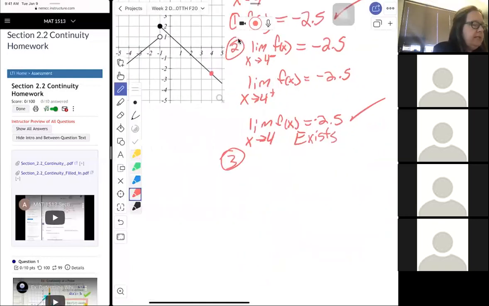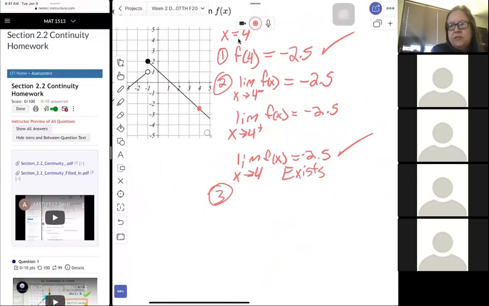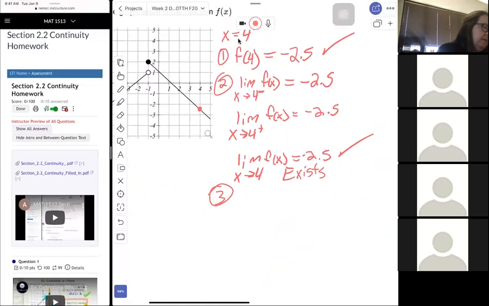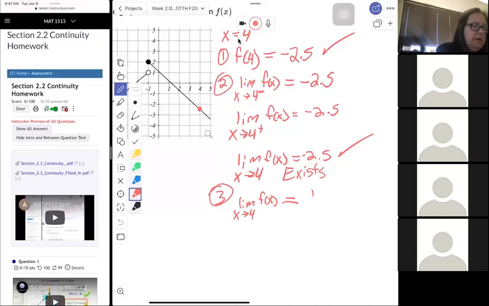We can check to see that that's true by just looking back at the last two conditions. When a is equal to 4, then negative 2.5 is what we get. When x is approaching 4, the negative 2.5 exists. All right, so we've got the limit as x approaches 4 of f of x is equal to f of 4.